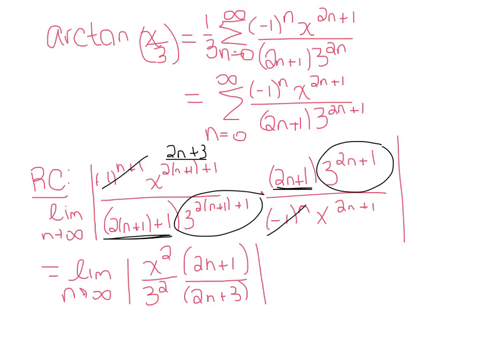And so if we take the limit as n goes to infinity of this, we're going to use L'Hopital's rule here. We'll get x squared over 9 times 2 over 2 with L'Hopital, and we're still taking the limit at this point because we just did L'Hopital's, but everything's constants. So we'll end up with x squared over 9.